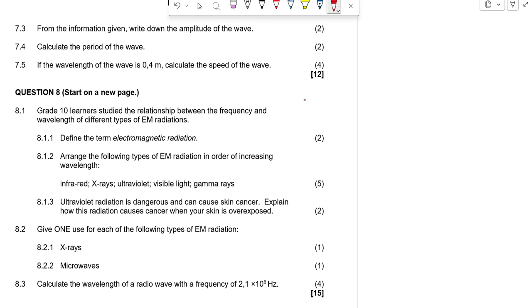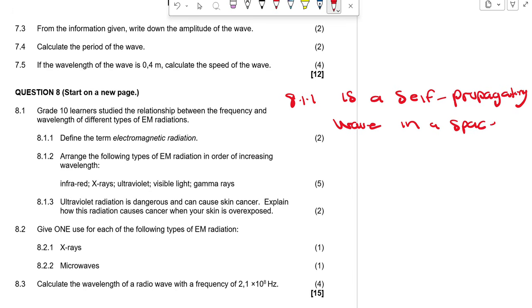So 8.1.1, electromagnetic radiation is a self-propagating wave in a space with electric and magnetic components.